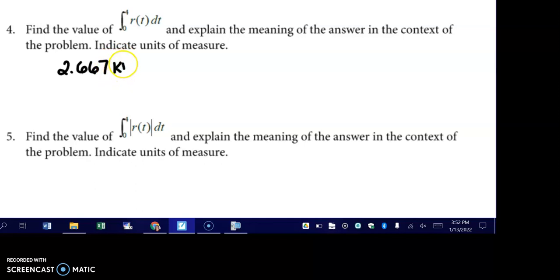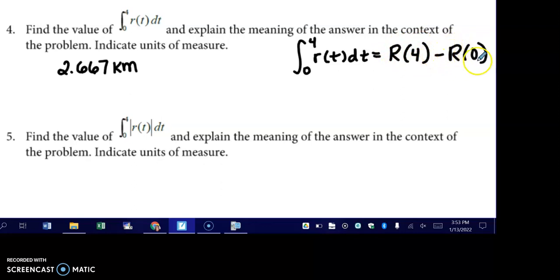This is going to be kilometers because I'm collecting the change in altitude, which will give me my current altitude. The other way you can think about this is the integral from 0 to 4 of the rate of change is equal to the net change in the antiderivative. So my ending altitude minus my starting altitude, which would be my displacement.